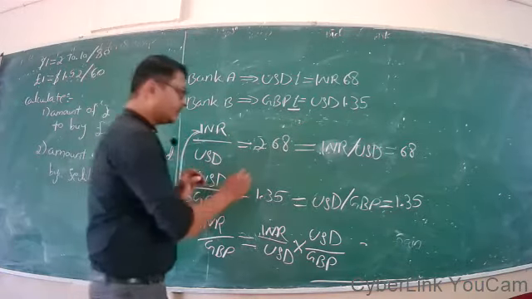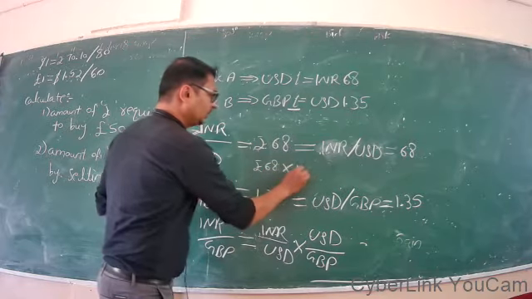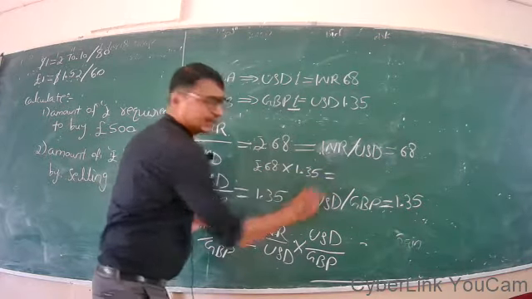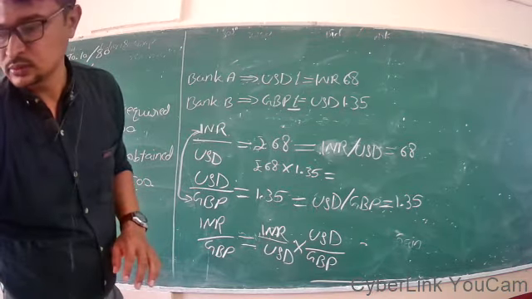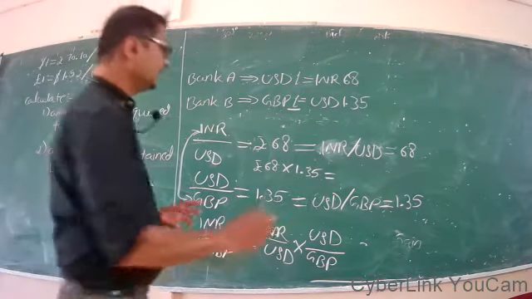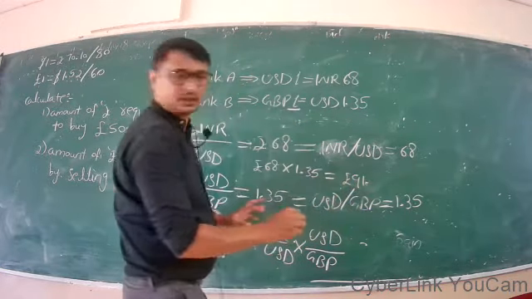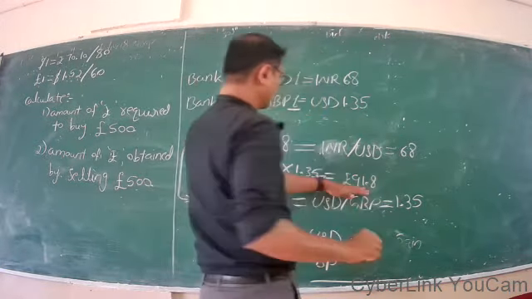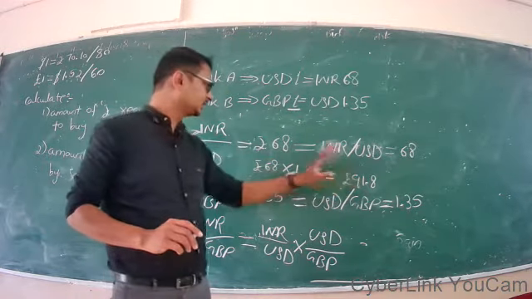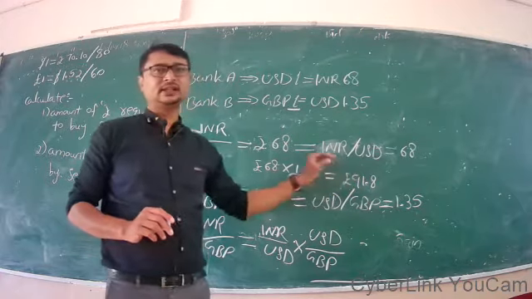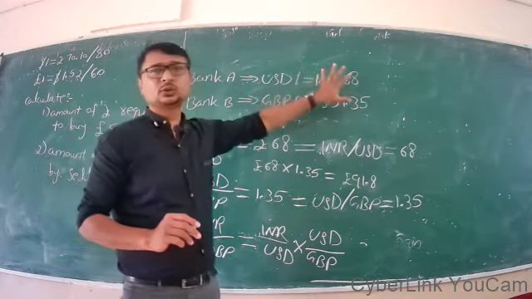Mathematically, rupees 68 into 1.35 equals 91.8. So rupees 91.8 is required to buy 1 GBP according to these two quotations.